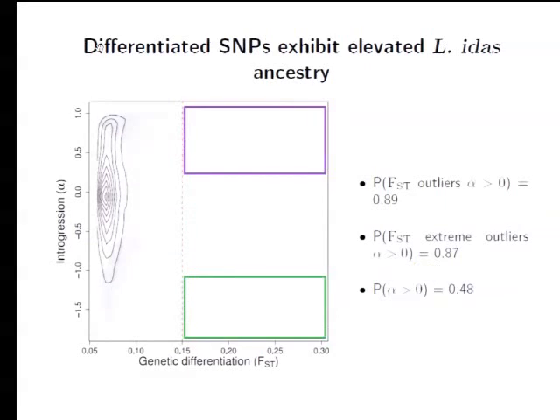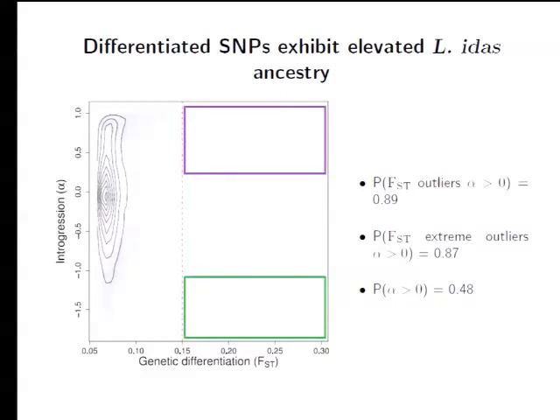Now on to the second prediction, and that is that we should see excess probabilities of having Lycaeides idas ancestry at those specific loci that are most differentiated if habitat and host plant dependent selection are a major driver of these patterns. That's exactly what we see. So for those most differentiated loci, about 90% of them have positive alpha. In other words, have a higher probability of Lycaeides idas ancestry. Only 10% have a higher probability of Lycaeides melissa ancestry.